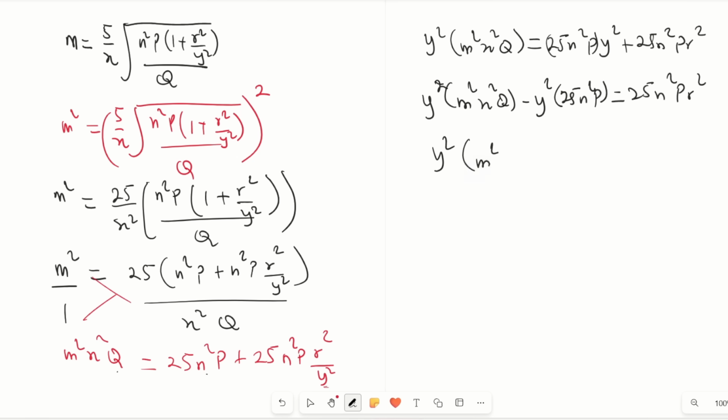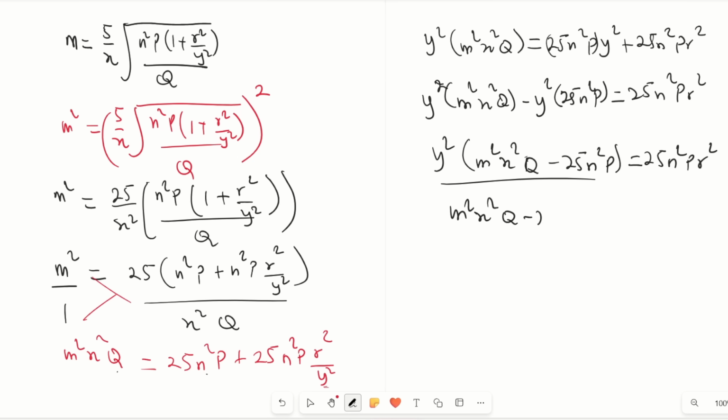So we have y squared times m squared x squared q minus 25 n squared p equal to 25 n squared p r squared. So we divide both sides by the coefficient of y squared, which is m squared x squared q minus 25 n squared p.